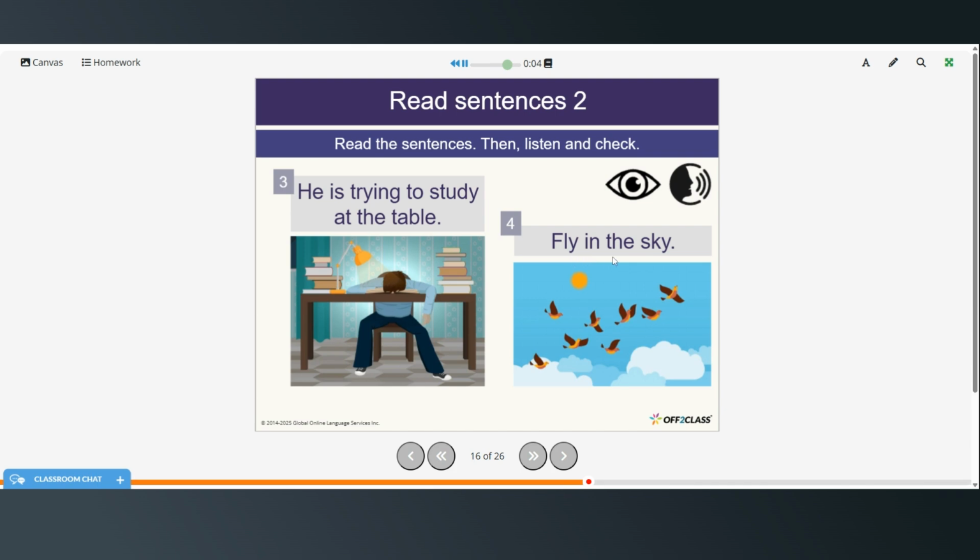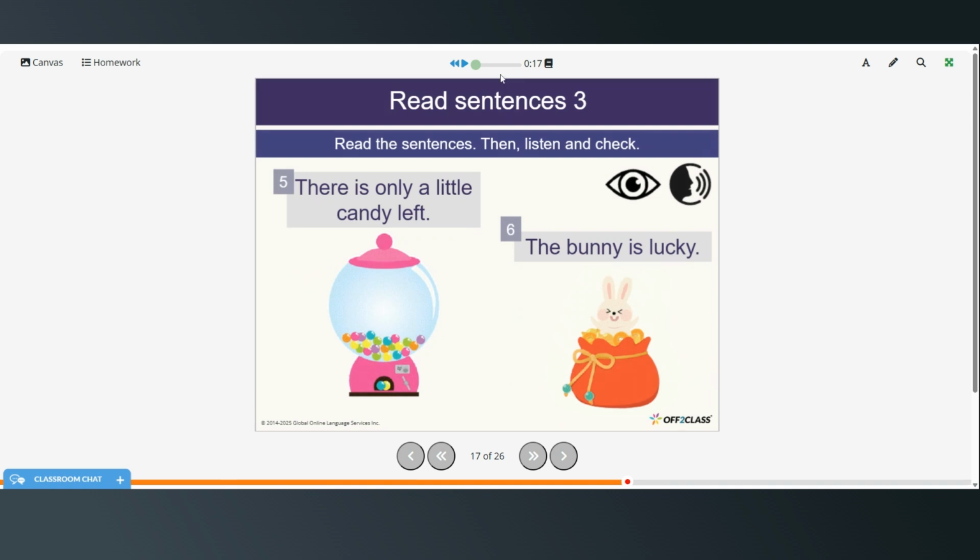Fly in the sky. There is only a little candy left. The bunny is lucky.